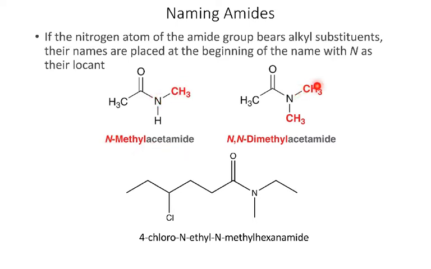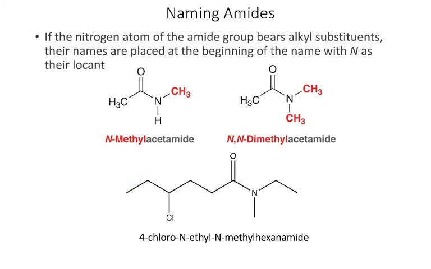And if there's more than one group, we just name it as we would any other two groups coming off. Because both of these are coming off the nitrogen, it's a dimethyl, and so I have to give the position of both, so it would be N,N-dimethyl acetamide. And we would put them in alphabetical order, just like we would any other group. So here I have 1, 2, 3, 4, 5, 6.